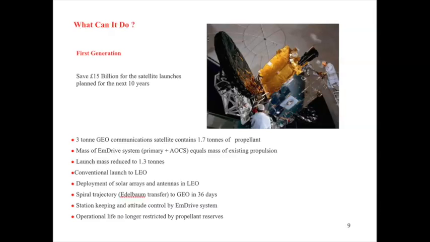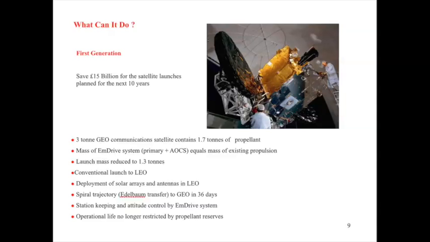So you've got your arrays deployed, you've got power feeding now into the EmDrive propulsion system, and you can use the thrust to spiral out from LEO to GEO using a so-called Edelman transfer in typically 36 days.